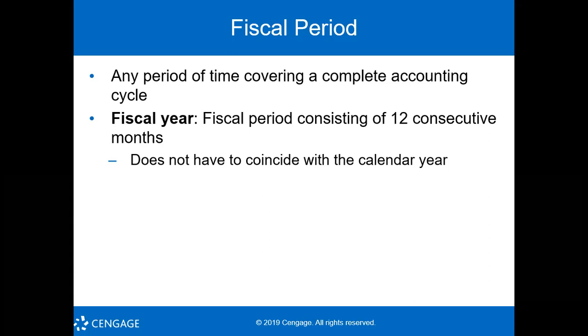And a lot of schools actually do it that way too, to coincide with the school year, right? The school year kind of always starts in August and then ends in April or May or whatever, right? So a lot of schools will have a fiscal year of July 1 through June 30th.